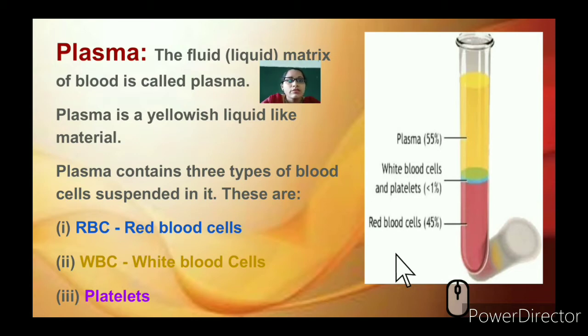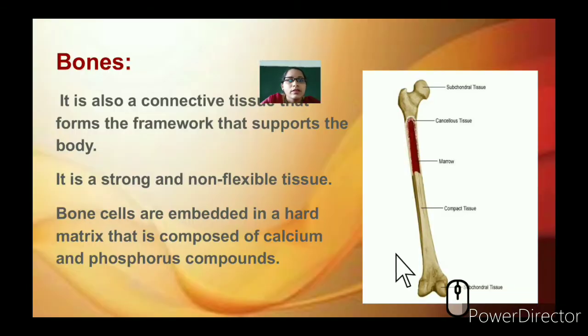So there are 3 types of blood cells suspended in the plasma: red blood cells, white blood cells and platelets. These are some examples of connective tissues. One connective tissue we have already seen is the blood, that is, the plasma component.